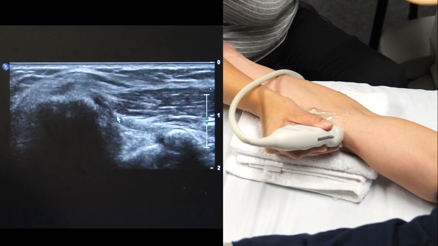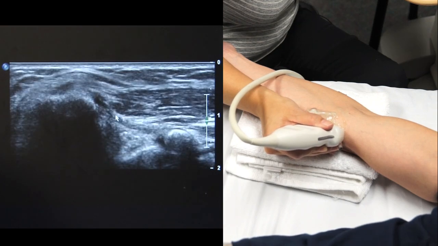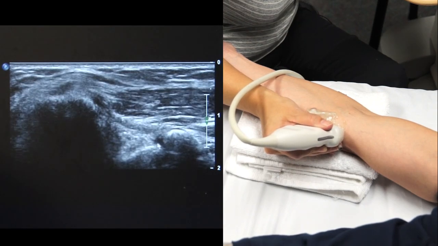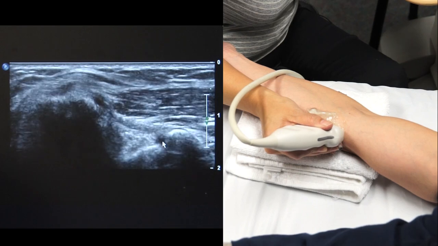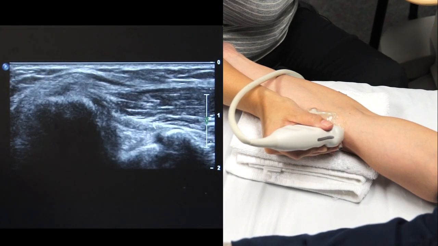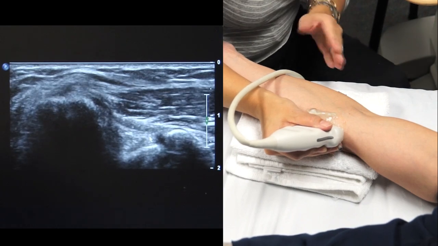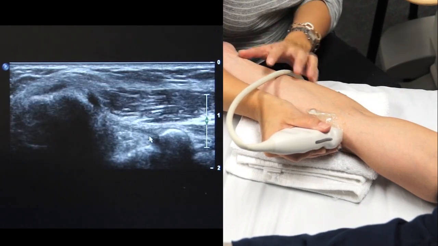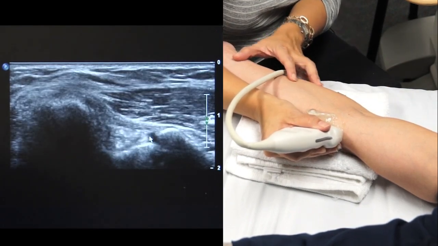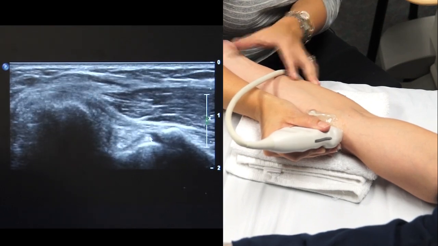We can also perform a stress maneuver on that joint and see if this joint space will open in the setting of a complete ligament tear. And one way is to exert pressure to produce more valgus stress on the joint.